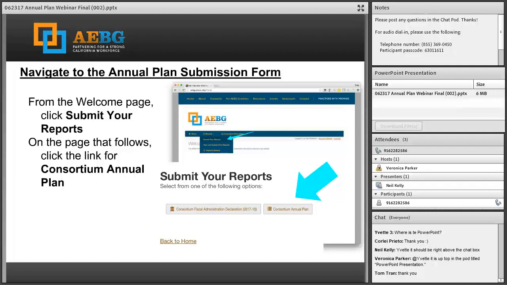So when you submit your plan, you'll have to go through the portal, and once you get in the portal, you'll submit your reports on the page by clicking the link for Consortium Annual Plan. First, the drop-down menu for reports. Click on Submit Reports.